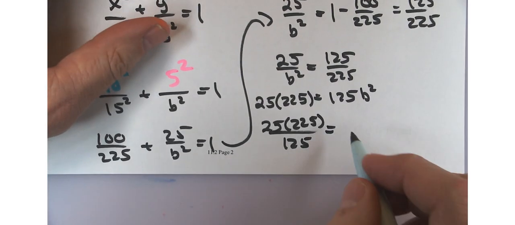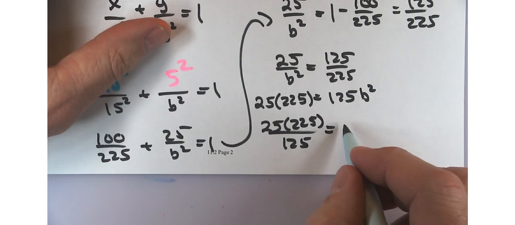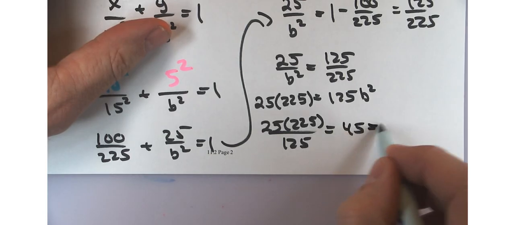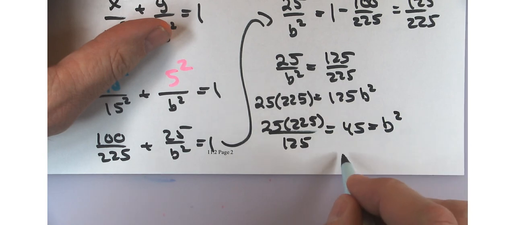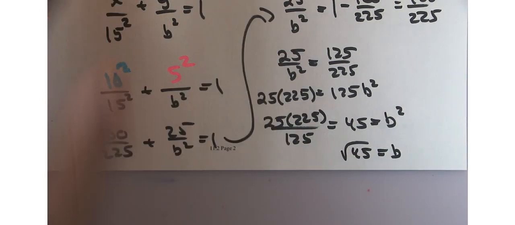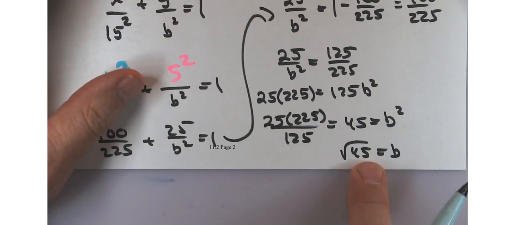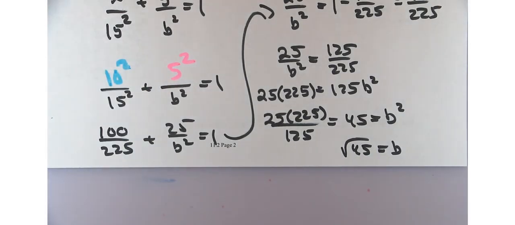Yeah, it's got to be 45 equals b squared. So the square root of 45 equals b. And remarkably, and really cool, the square root of 45 is about the 6.7 that we were seeing on our little slider. So cool.